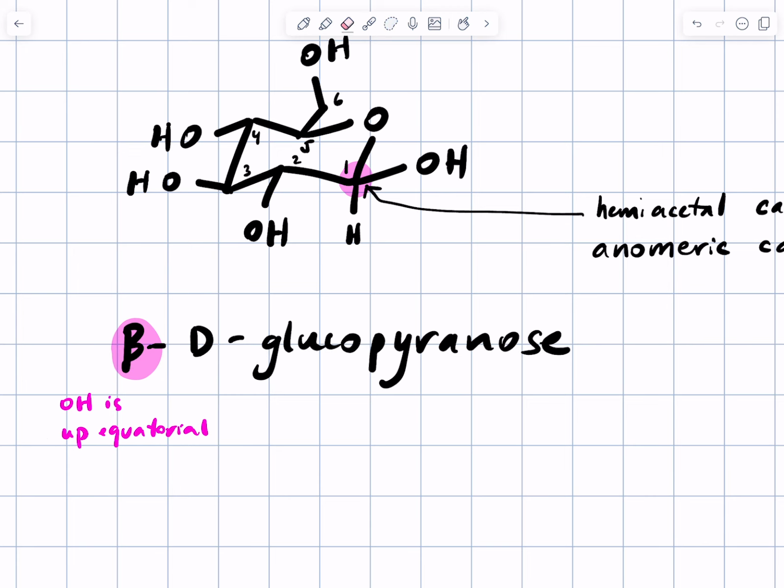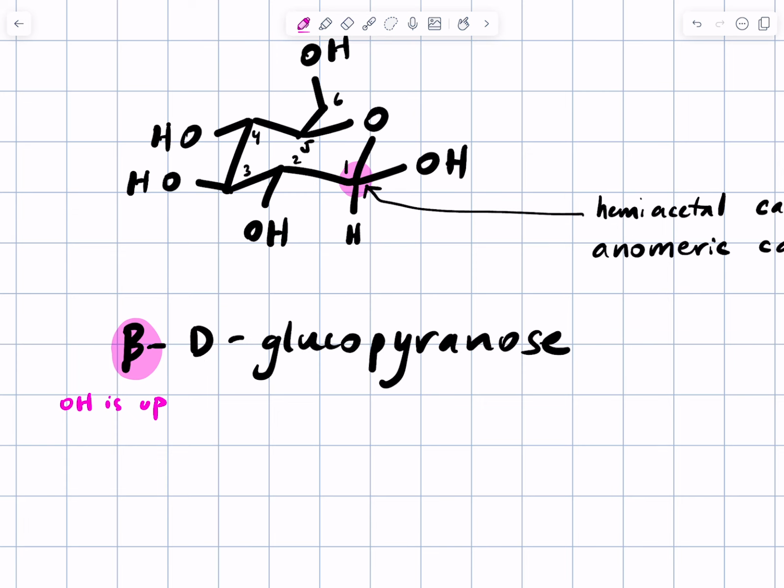Well, if we want to be precise, we'd need to have an R versus S. But when you draw glucose in this way with carbon 6 in this equatorial position, having the OH up is the beta configuration.